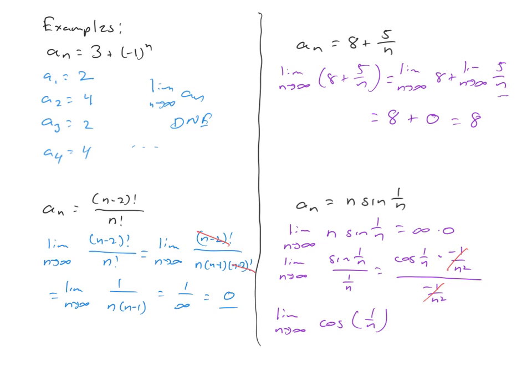As n goes to infinity, 1 over n approaches 0, so we get the cosine of 0, which is equal to 1. So the limit of this sequence is equal to 1. Take a look at what I've done on each one of these problems. Make sure you're comfortable with it, and when you are, move on to the next slide.